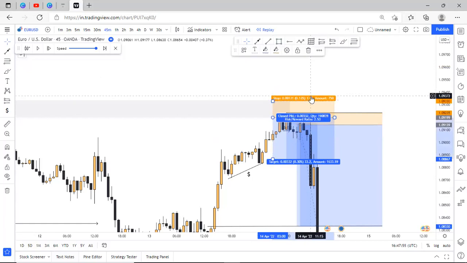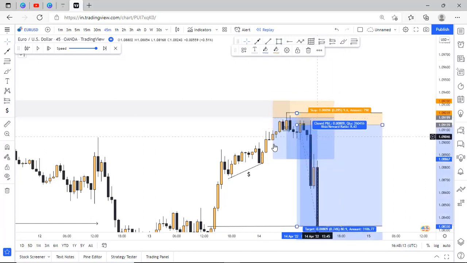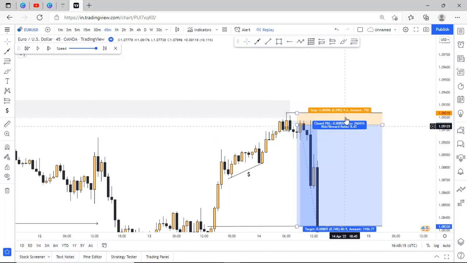If I'm planning on risking maybe $100 on a particular trade, for example, and on this trade right here my stop loss is about 10 pips, so if I'm using one lot size on this trade, I'll be risking just $100, and I'll be able to use one lot size.